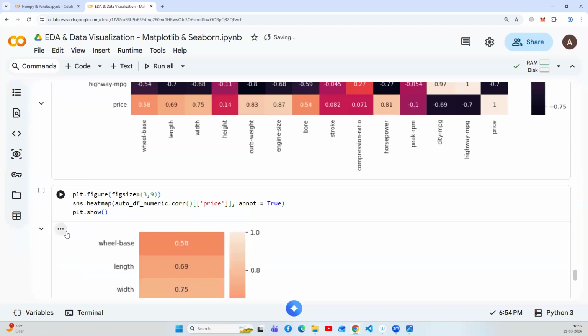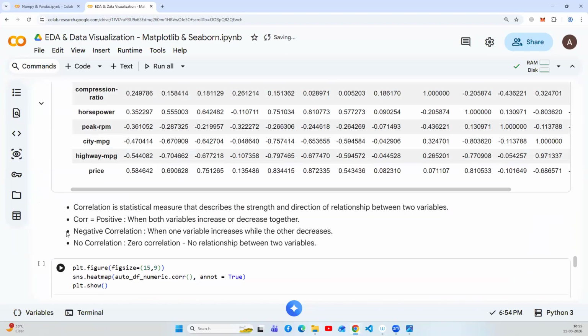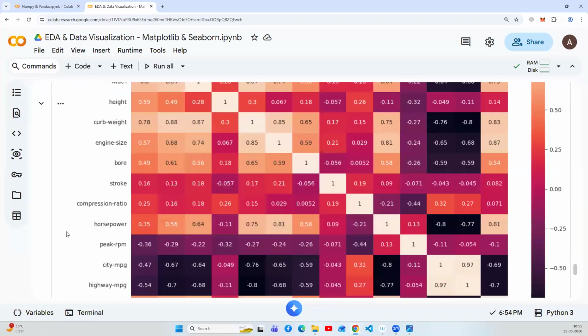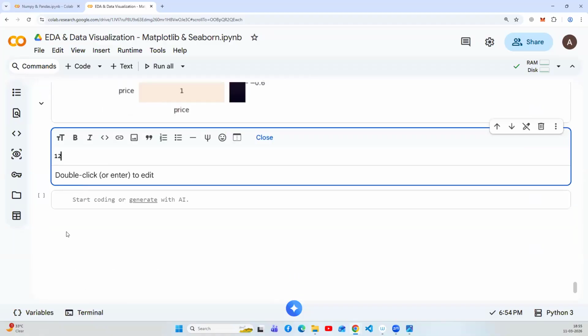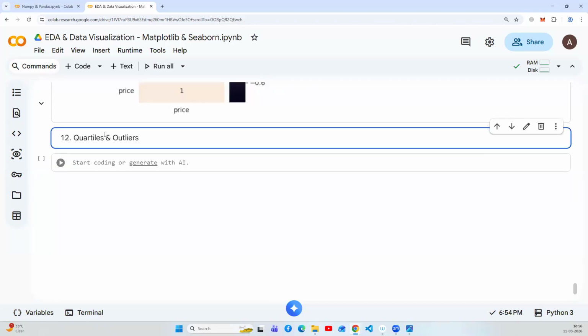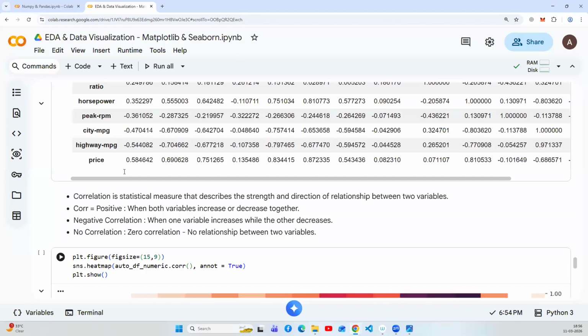This is about the IQR, or we can say quartiles and outliers. It is important for us to discuss this.